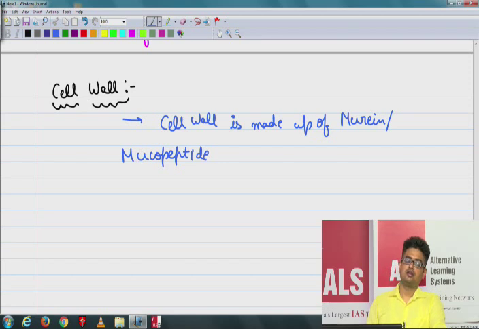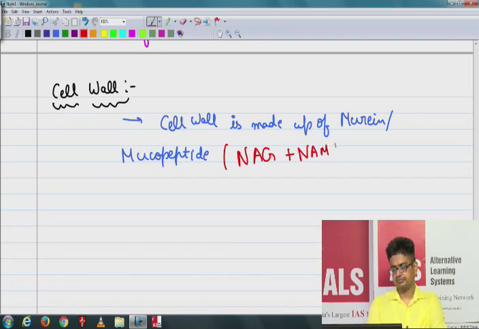And this murein or mucopeptide is made up of two substances, NAG and NAM. NAG stands for N-acetyl glucosamine and NAM stands for N-acetyl muramic acid.